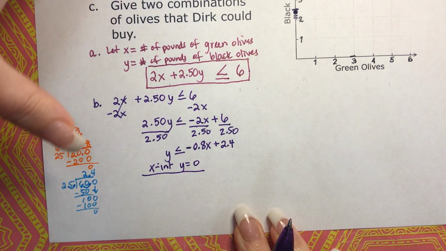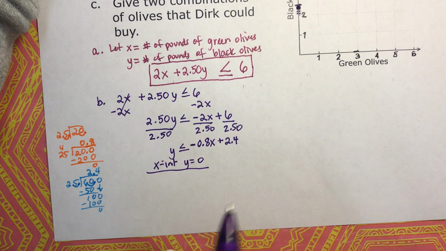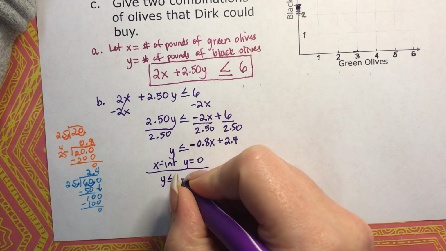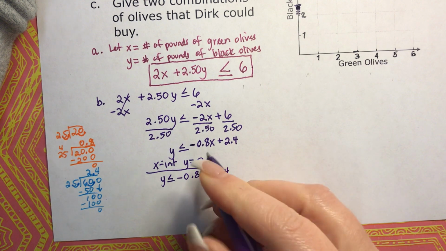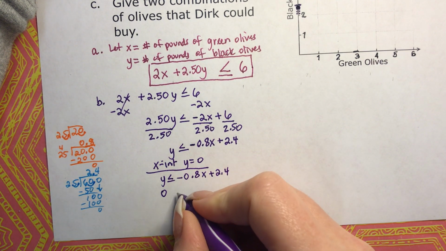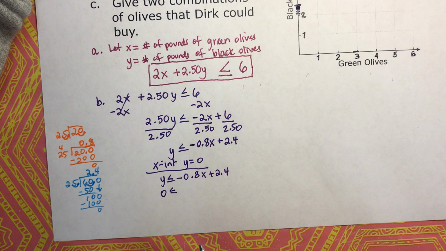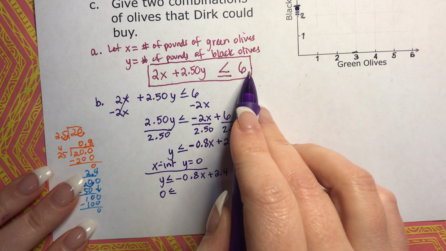So then I am just going to substitute, well, let me write my original inequality here first. Substitute 0 in for y. Oh, I probably should have done it to the original equation. Yeah, let me do it to the original equation up here.